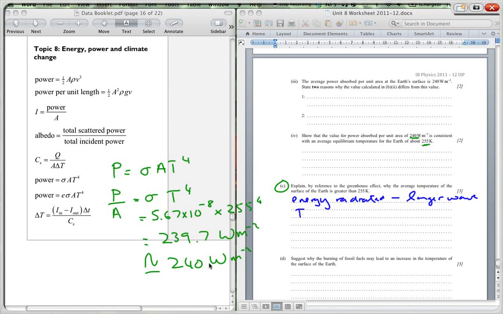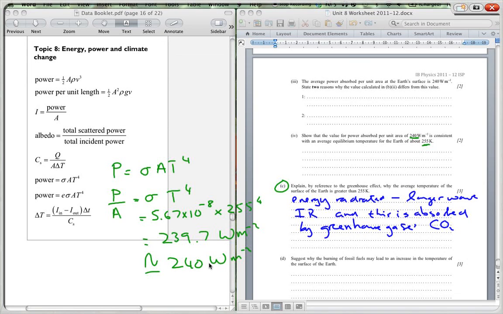It's in the infrared range of the spectrum, and this is absorbed by greenhouse gases, your CO2 and your NO2 and your water vapor and so forth.